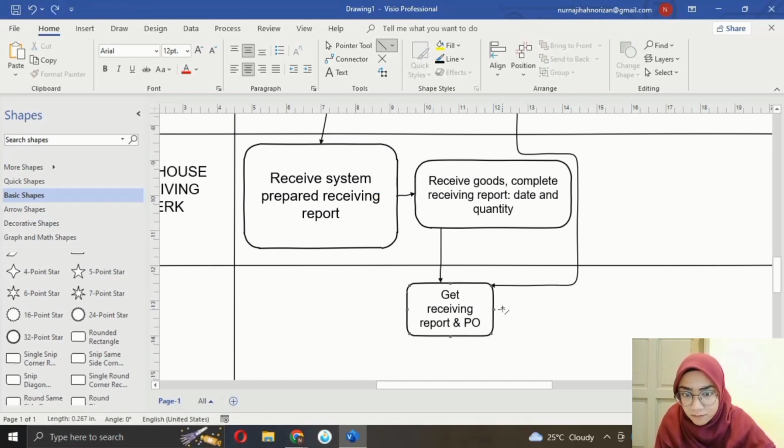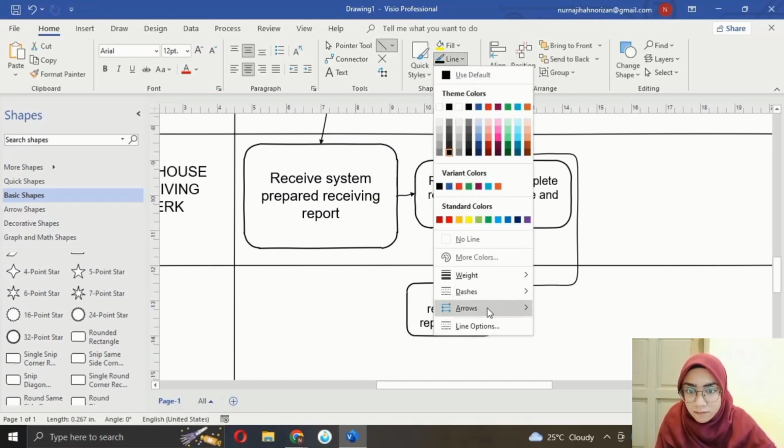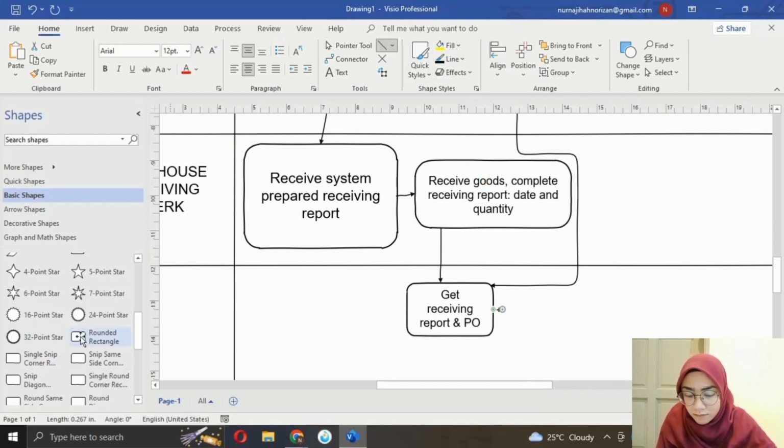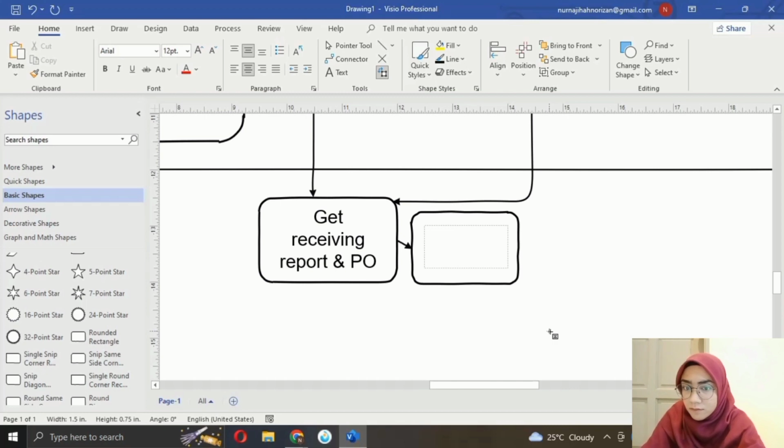So the process will continue, and the arrow will go to the right side and put another rectangle, and the explanation is receive vendor invoice.